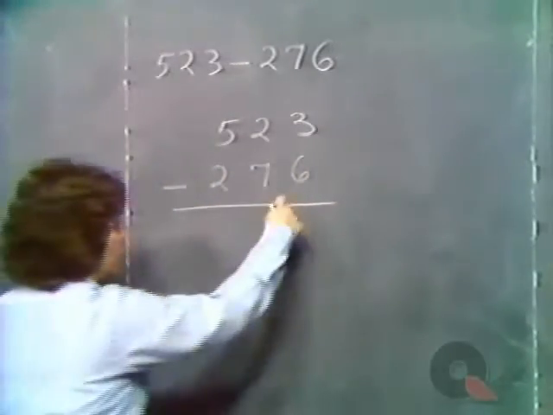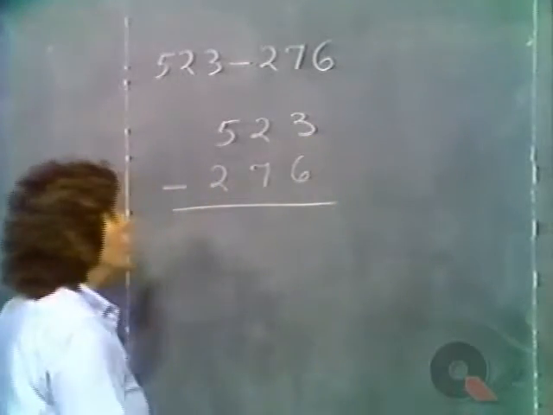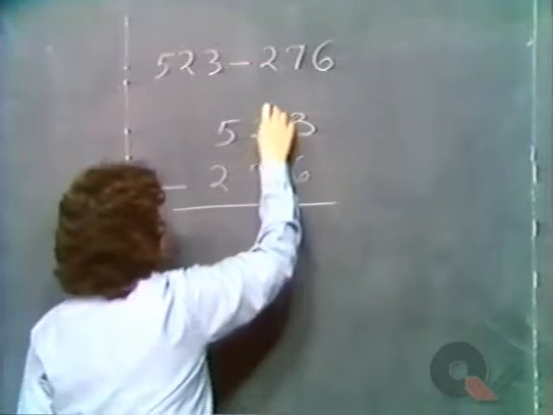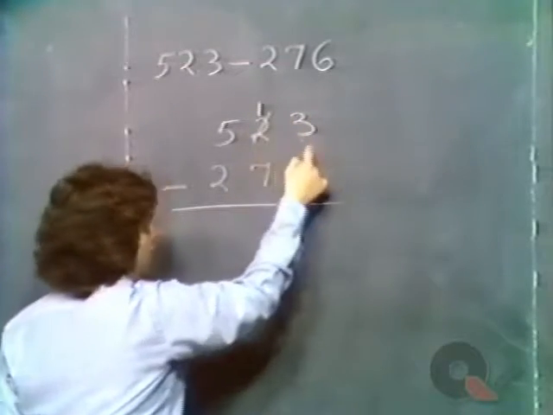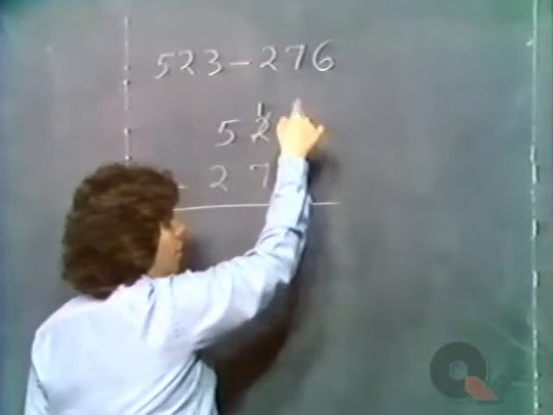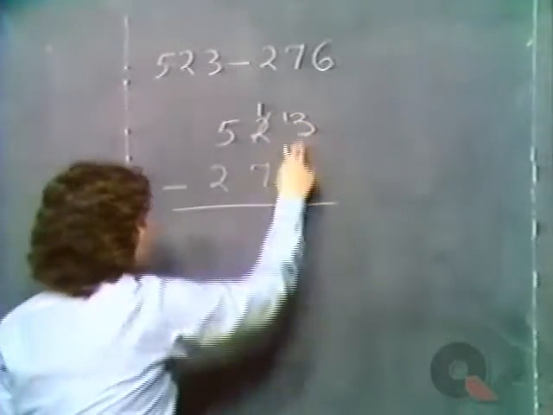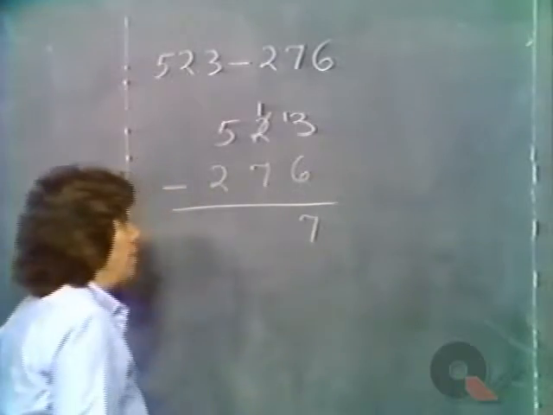First we try to take 6 away from 3, but 6 is bigger than 3, so we move over here, and we have 2 in the tens place, so we change it to a 1, and we take the 10 ones, add it to the 3 ones that we have here, we have 13. 13 take away 6 gives us 7.